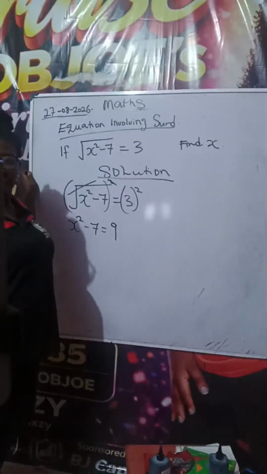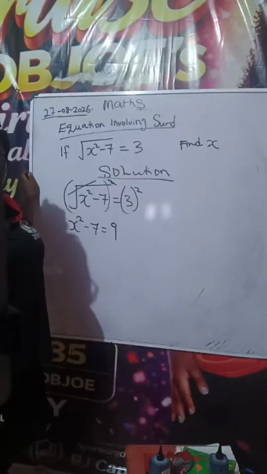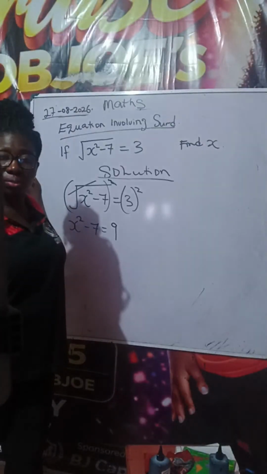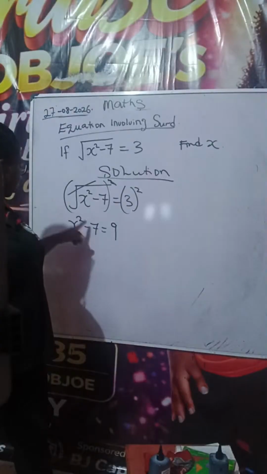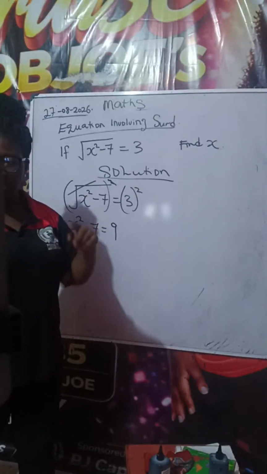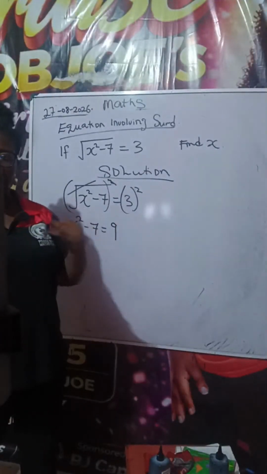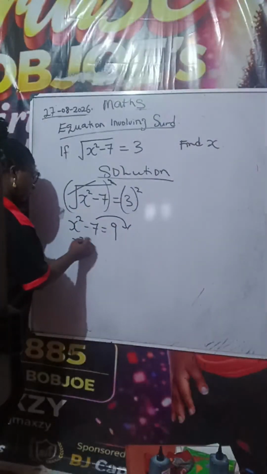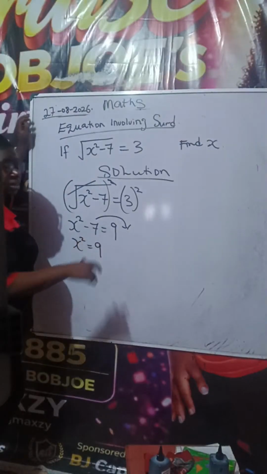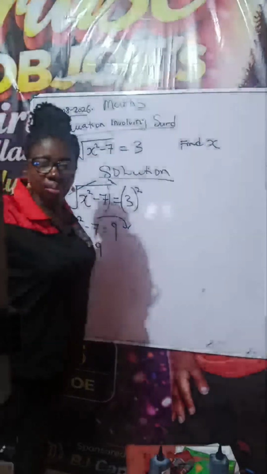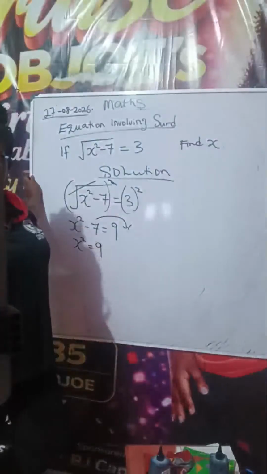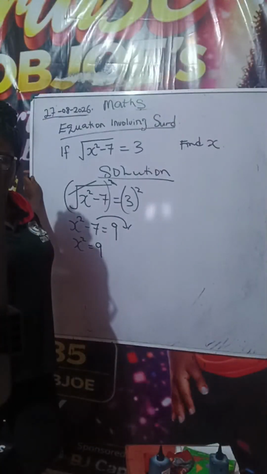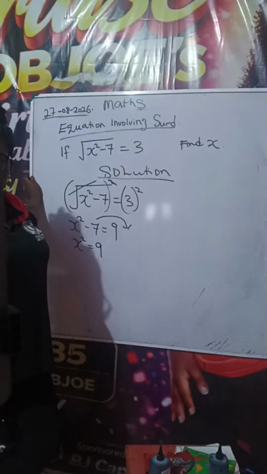Then what next again? Bella, thank you. Now, the next thing to do is we move the 7 to the right side. And that will be, so we have s squared equals 9. If the 7 moves to the right, will it be plus or minus?